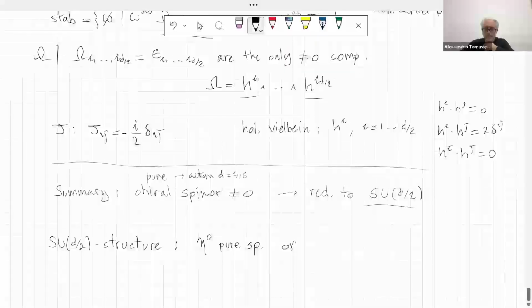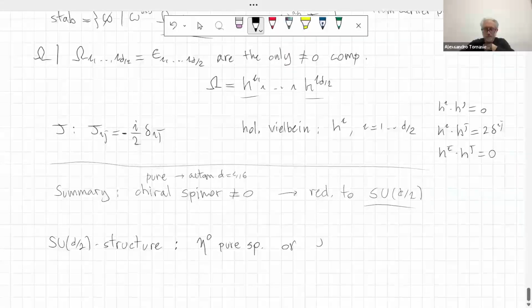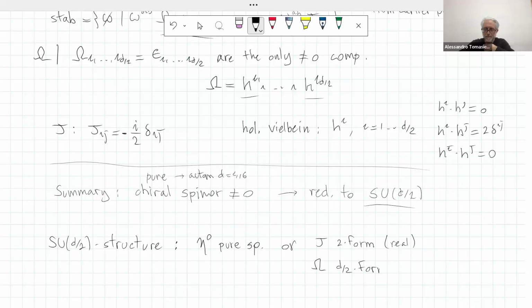These are forms. J is a 2 form, because there's 2 indices after all. And omega is a d/2 form. J is real, omega is a complex d/2 form.